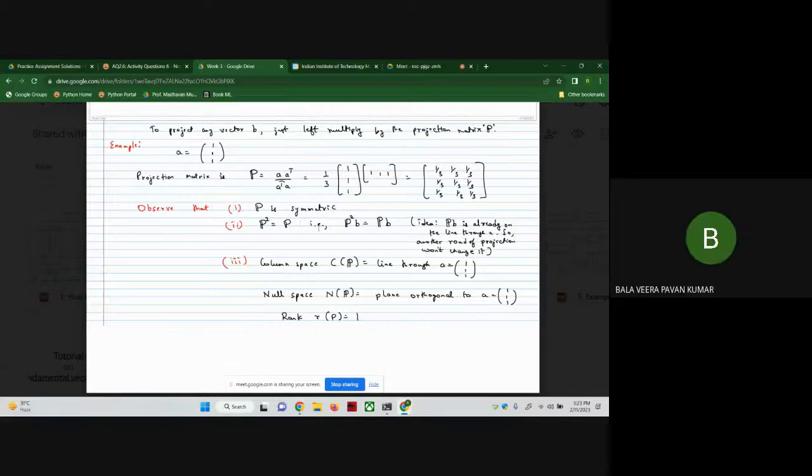Visually, we take A as the vector and we are finding the projection of B onto A. But here with P squared we are projecting the same vector two times, again and again, no? Right, that's correct. So P to the power of any number, 5, 6, 7, anything, it will be P only. Correct. Thank you, sir. Go ahead.